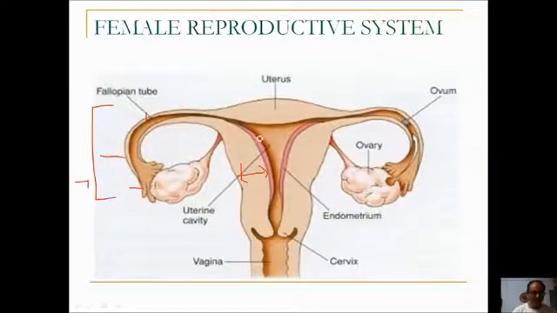The endometrium is richly supplied with blood vessels, and it is the site where implantation will take place. And the outermost is the perimetrium, or peritoneum. The uterus finally leads to the cervix and cervical canal, and finally to the external organ, the vagina.